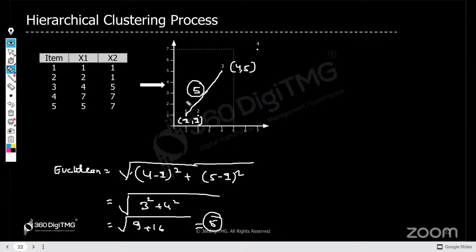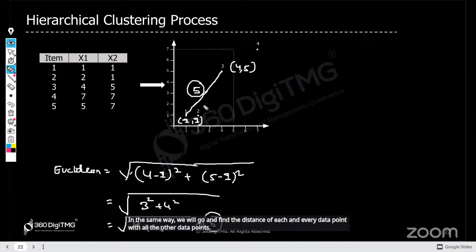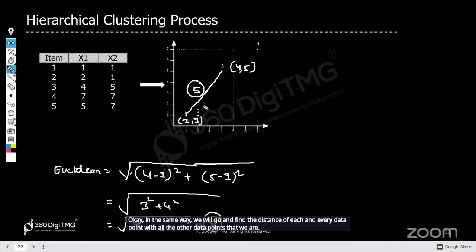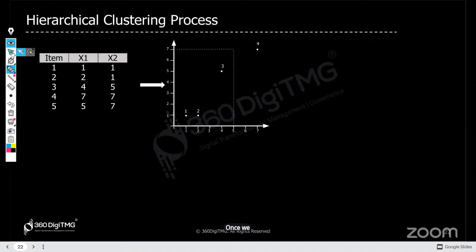In the same way, we will find the distance of each and every data point with all the other data points. Once we have it, we will put it over here.